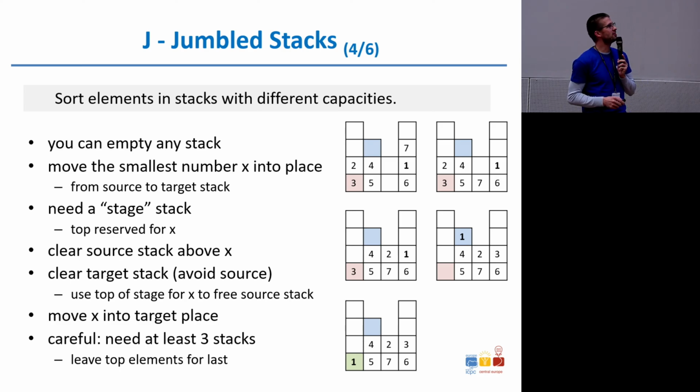You can just leave the top of each stack free and sort whatever is below them in round 1, and then in round 2, make sure the tops get the values that they need, using exactly the same logic. Okay, so no special data structures or algorithms, just a bit of analysis.